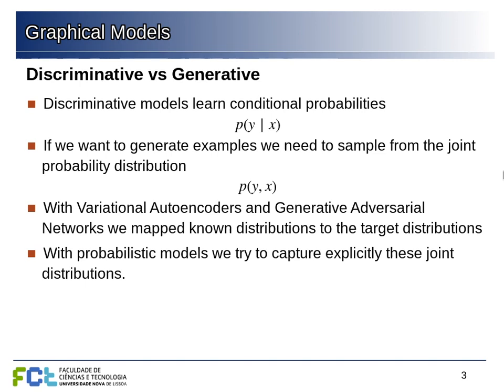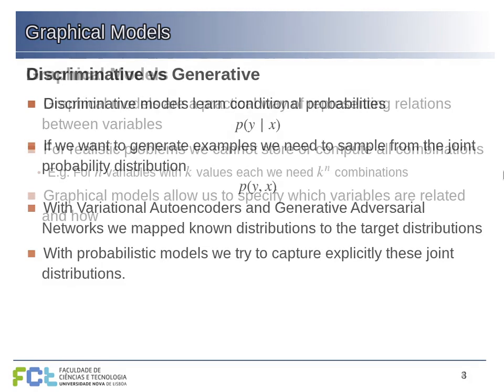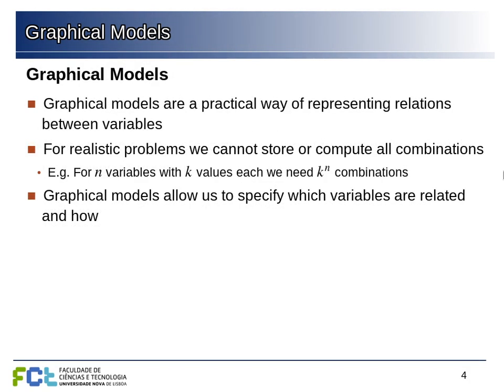Now, there are some approaches that we are going to see next week, or in 2 weeks, variational autoencoders, generative adversarial networks, and so on, that solve this in a particular way. But with these probabilistic structured models, we try to capture explicitly the relations between the different variables that give us the relevant distributions. And graphical models are a good way of representing these relations.